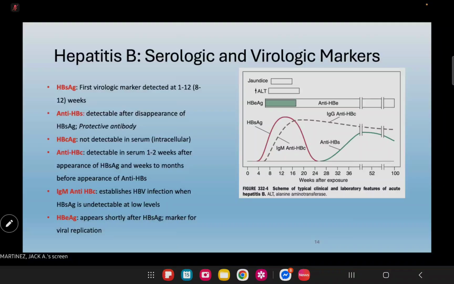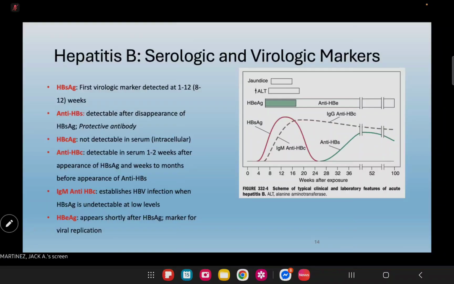The last one, the HBeAg, appears shortly after the HBsAg, and it serves as a marker of viral replication and infectivity. So meaning to say, if the HBeAg is positive, the patient is highly infective or highly contagious.